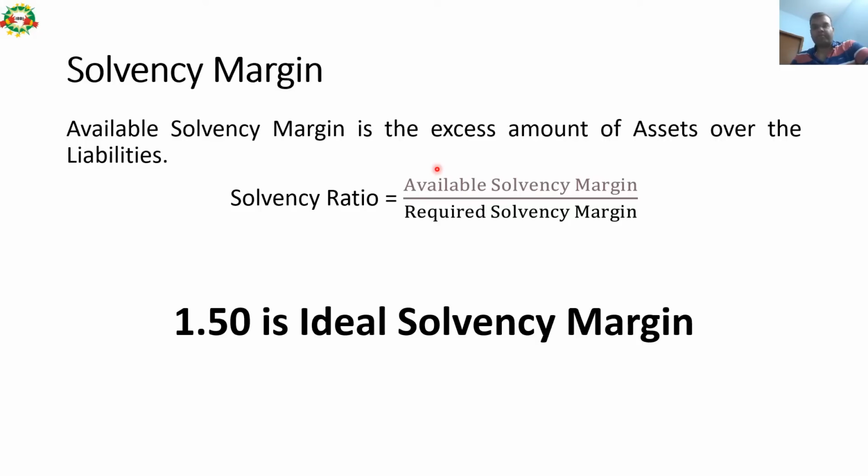We had seen that assets are equal to liabilities plus capital. So assets are normally more than the liabilities in case of a healthy organization. The ideal solvency margin is 1.5. Please note this formula as well as this ideal solvency margin from an examination perspective.